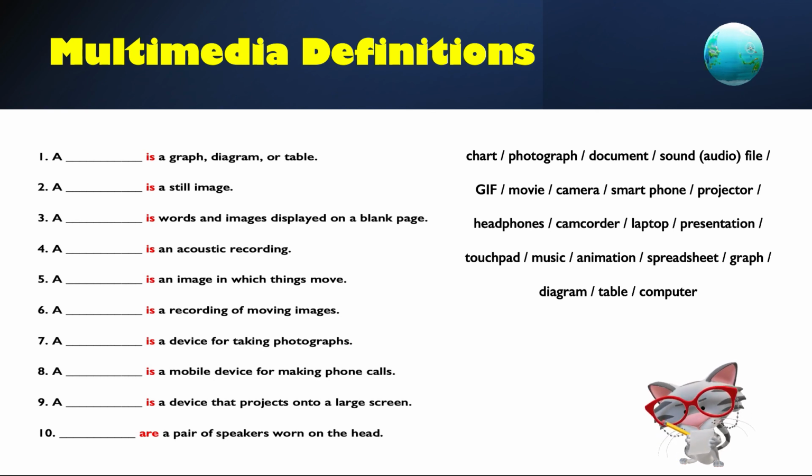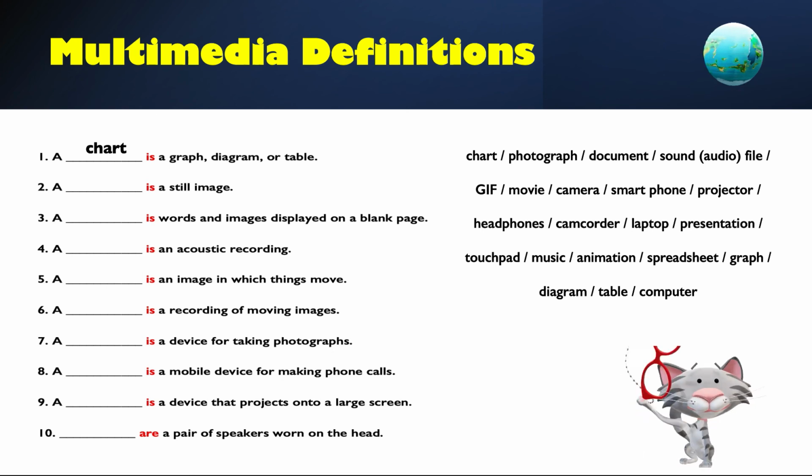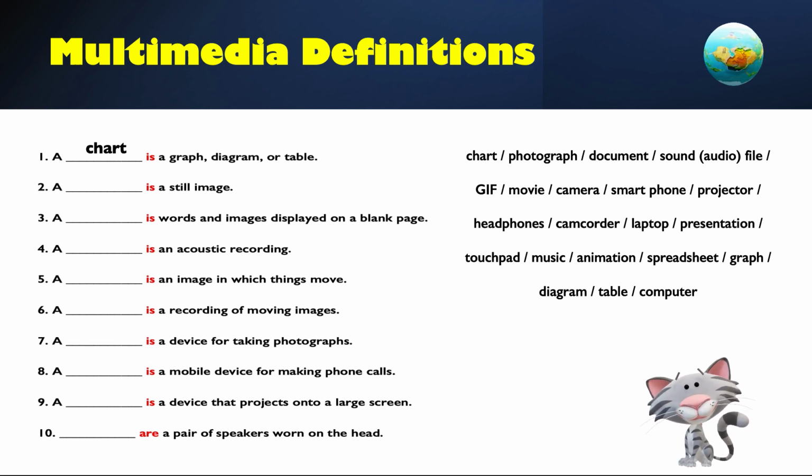That should be a chart. A chart, yes. A chart is a graph, diagram, or table. So what is a chart? It is for displaying a graph, diagram, or table. Showing a graph, a diagram, or a table. But we're going to leave the grammar for later. For now, I'm just going to try and stick to the vocabulary.